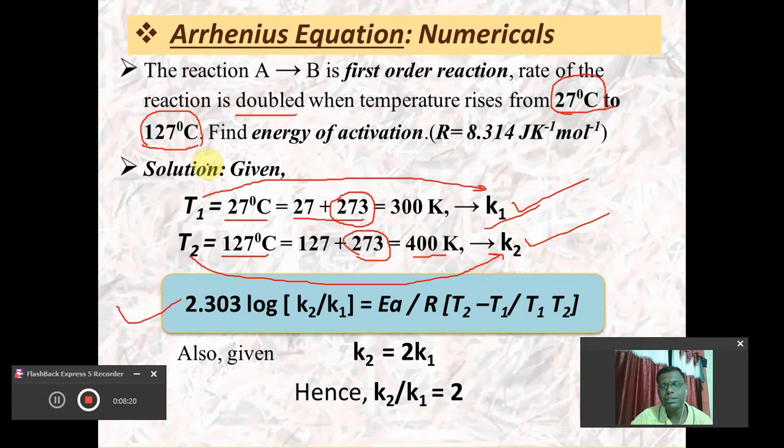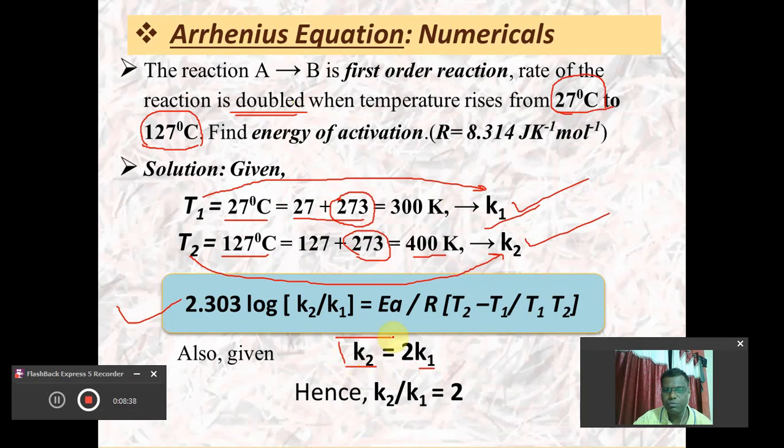But while increasing the temperature from 27 degrees Celsius to 127 degrees Celsius, what happens? The rate constant of the reaction becomes double, meaning the final rate constant becomes double the initial. The final rate constant is K2 and the initial is K1.